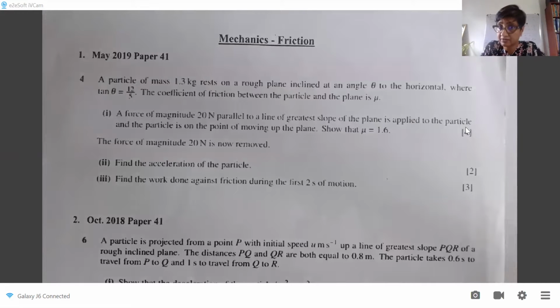I can read if that will help you, so I'll read it slowly. A particle of mass 1.3 kg rests on a rough plane inclined at an angle theta to the horizontal.